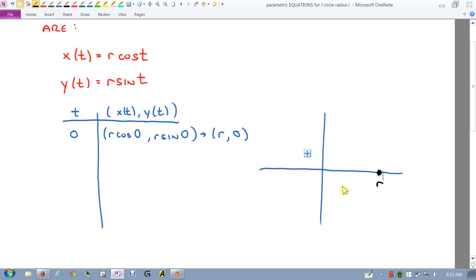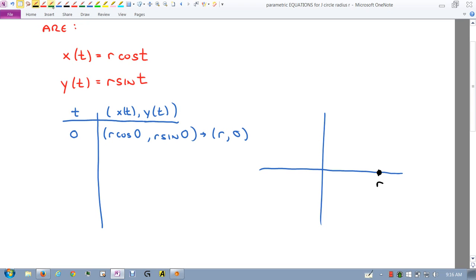All right, let's pick another value of t. And let's keep in mind that t is an angle, right? In this case, it's an angle because of the way we came up with it from the picture. So let's pick an angle we actually know the value of for sine and cosine. So how about pi over 4?